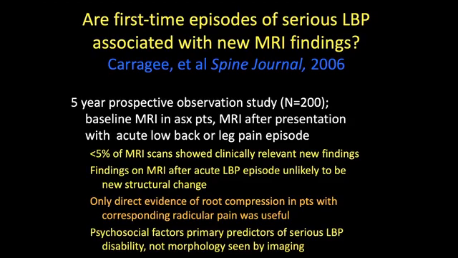Then they came back when they were symptomatic, and they found that less than 5% of MRIs showed clinically relevant new findings. Unless it was related to some acute episode, there was unlikely to be a new structural change. And again, only direct evidence of nerve root compression, as I just showed you, with corresponding radicular pain was useful. So again, having concordance between what was clinically being evaluated and what the imaging was showing.